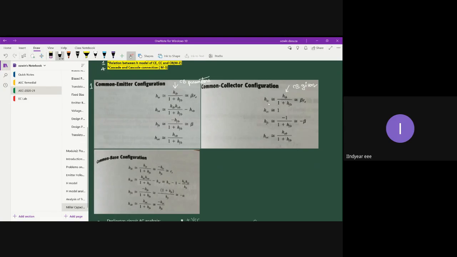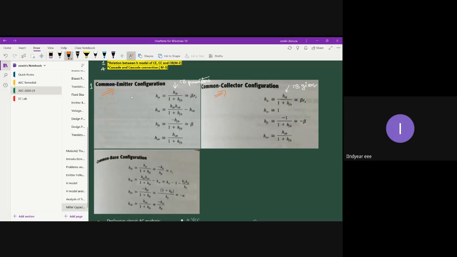HIC is approximately equal to HIB divided by 1 plus HFB. If you look closely, the common emitter and common collector equations are look-alike.